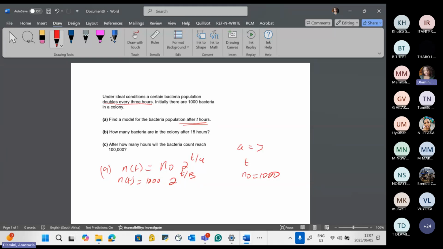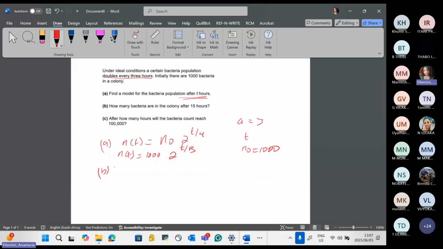Now they say, how many bacteria are in the colony after 15 hours? So what do we do? Substitute the 15 for t. Thank you. So N of 15 equals 1,000 times 2 to the power of 15 divided by 3, that's 5, so 2 to the power of 5. Those who did not see the assignment, just know that this is part of your assignment. What is 2 to the power of 5?